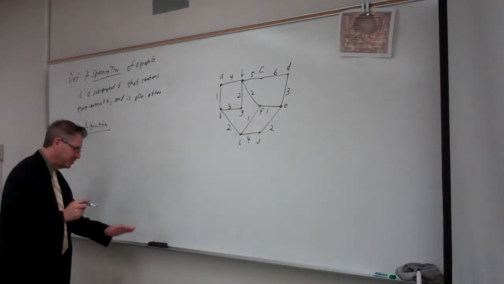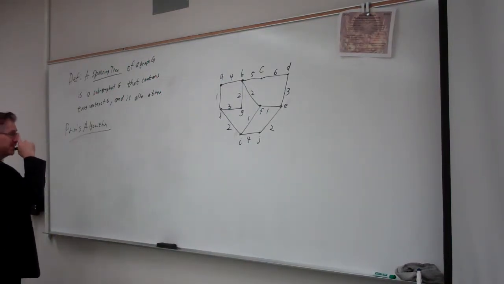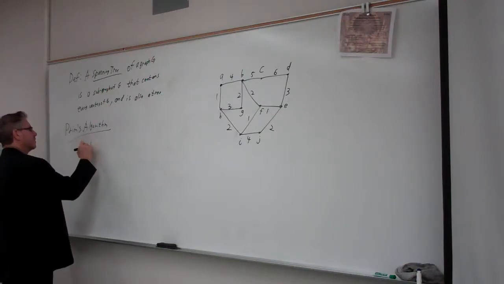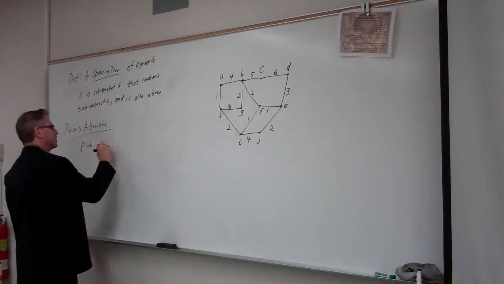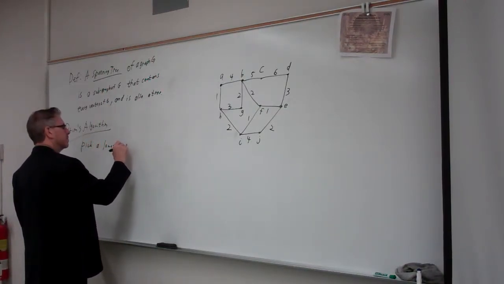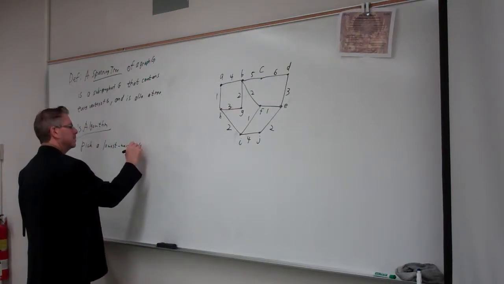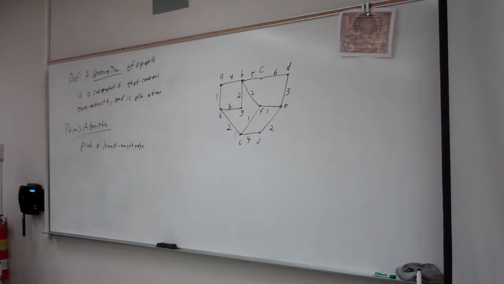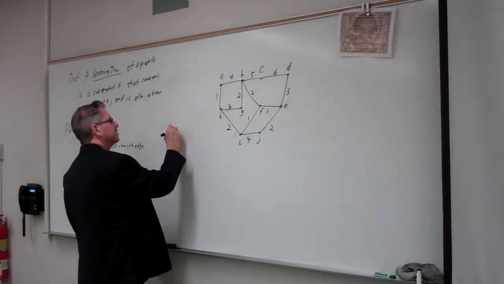I'll tell you what that means in a moment. But Prim's algorithm basically says pick a lowest weight edge. So we've got a few edges with a weight of 1. We can pick any of those. So let's just go from A to H.